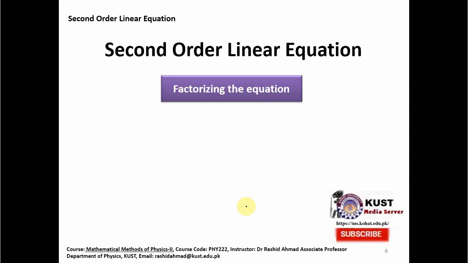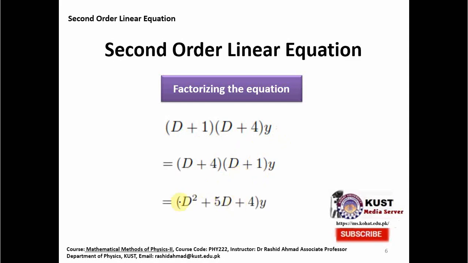So we will factorize this equation, and it's very easy to get the two factors, that is, d plus 1 and d plus 4, into y is equal to 0. This can also be written as d plus 4 times d plus 1, the order does not matter, both are equally good, and because of the factorization you can easily check this is equal to d square plus 5d plus 4.